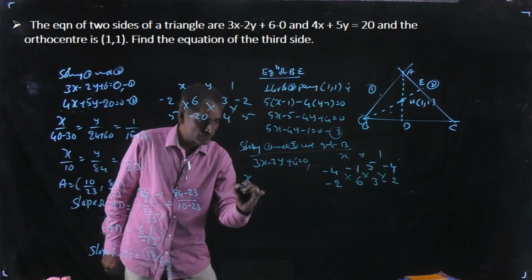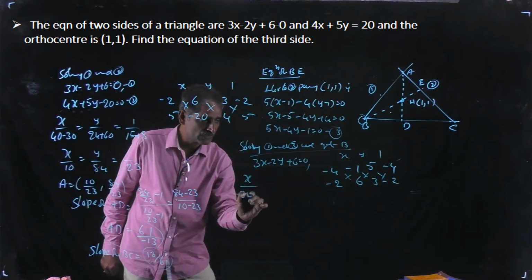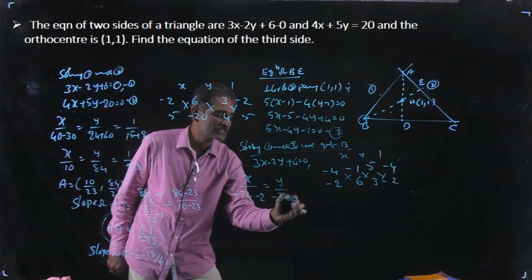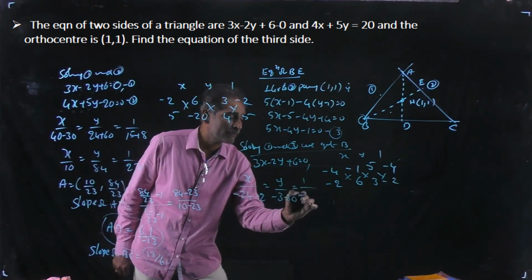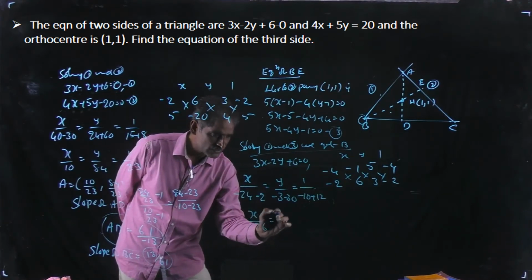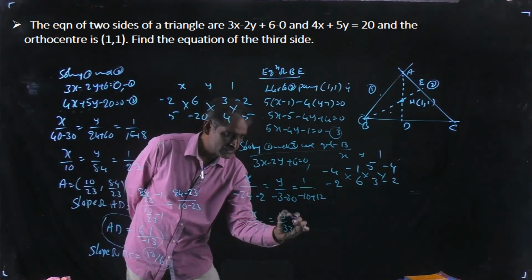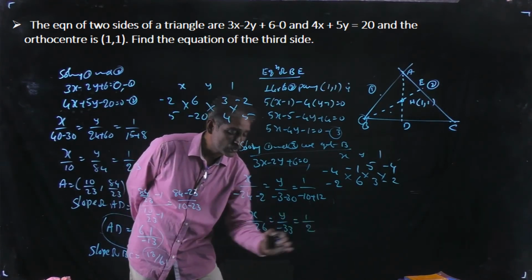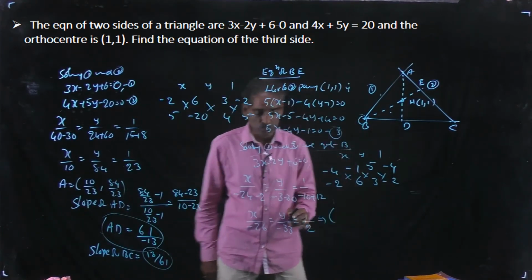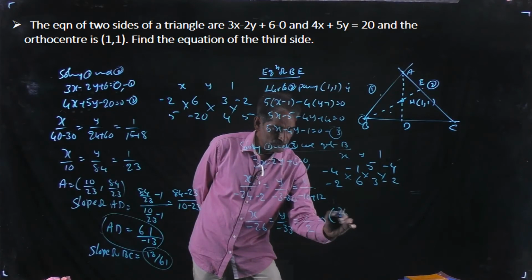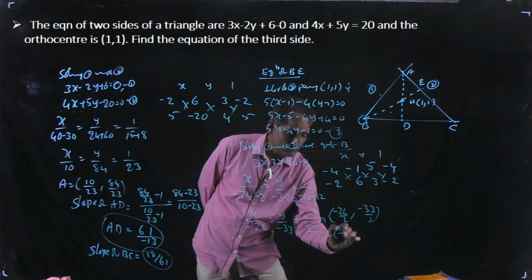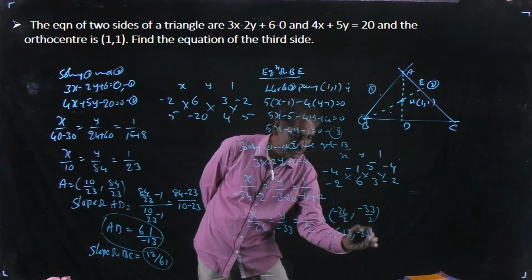Now x by minus 24 minus 2, y by minus 3 minus 30 and 1 by minus 10 plus 12. x by minus 26, y by minus 33 and 1 by 2. Now the coordinates of B are (minus 26/2, minus 33/2), that is equal to (minus 13, minus 33/2).